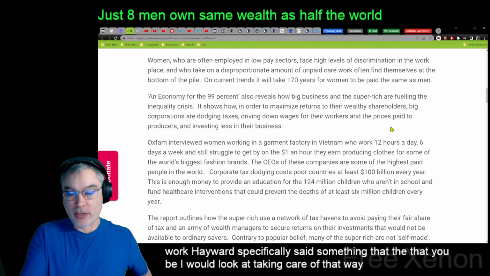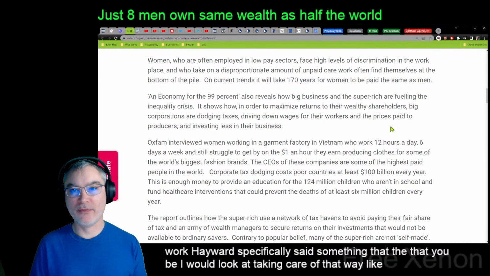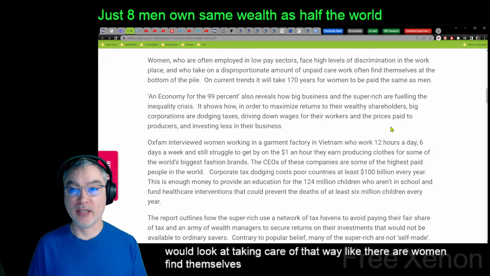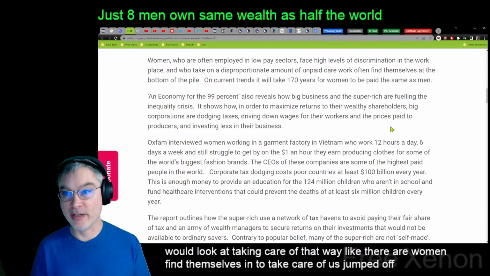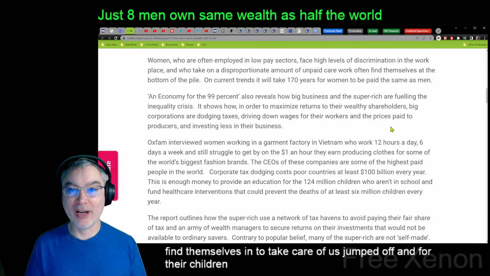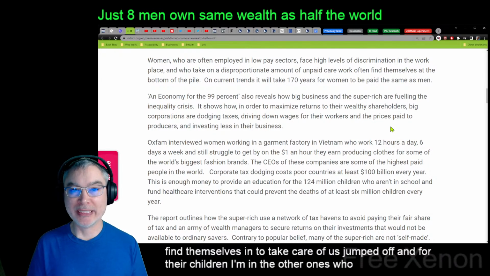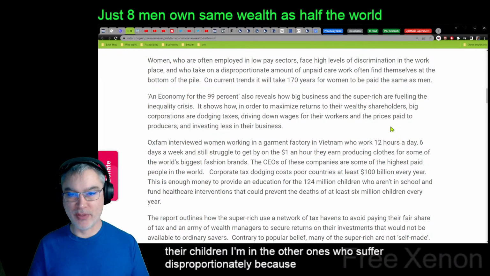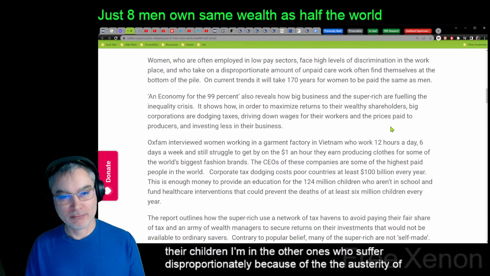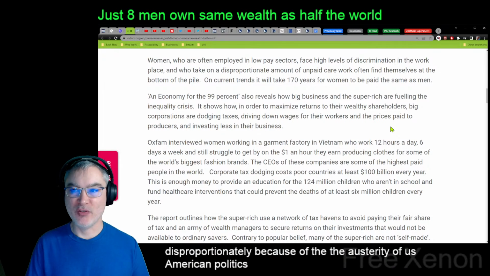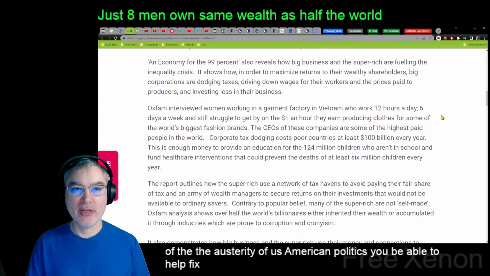That way, like they're talking about here, women, who find themselves taking care of most of the unpaid care work, often for their children, and who suffer disproportionately because of the austerity of American politics. UBI would help fix that.